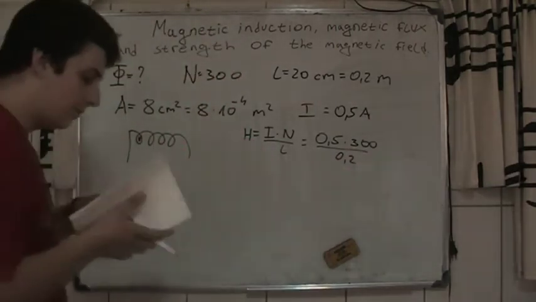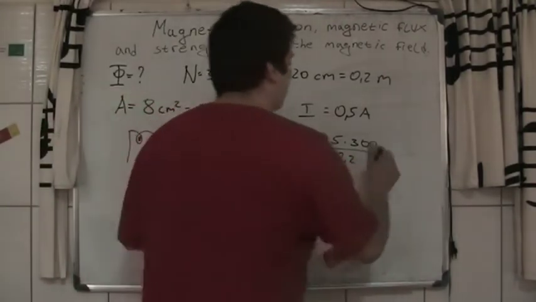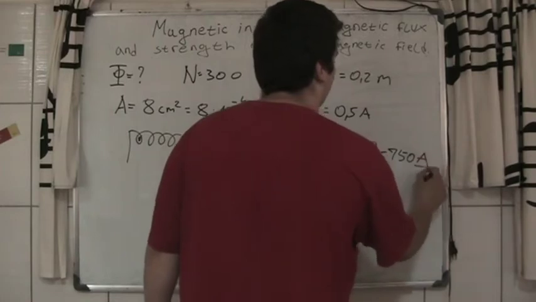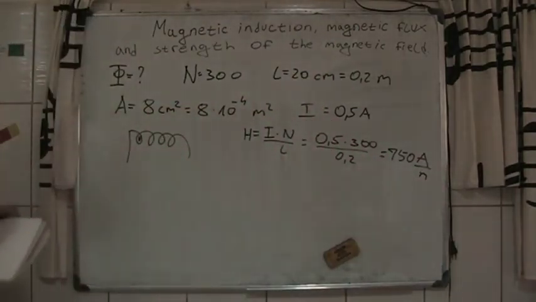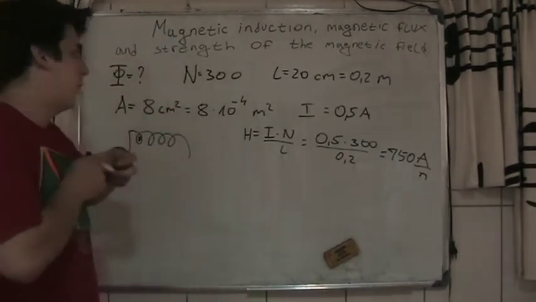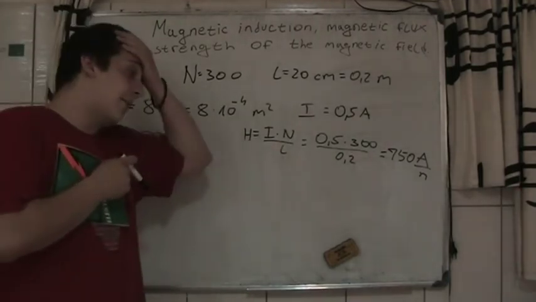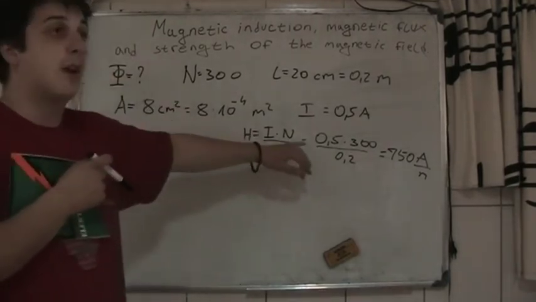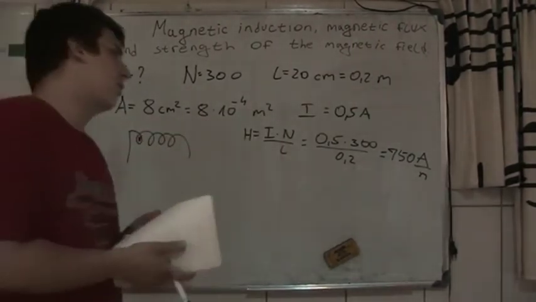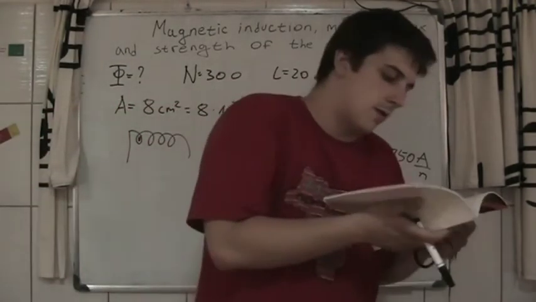And now you get 750 amperes per meter. So when there is a current in the solenoid of 0.5 amperes with 300 loops and the length of 0.2 meters, you will have 750 amperes per meter.